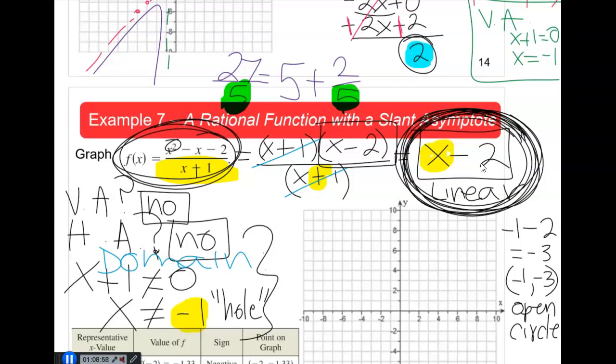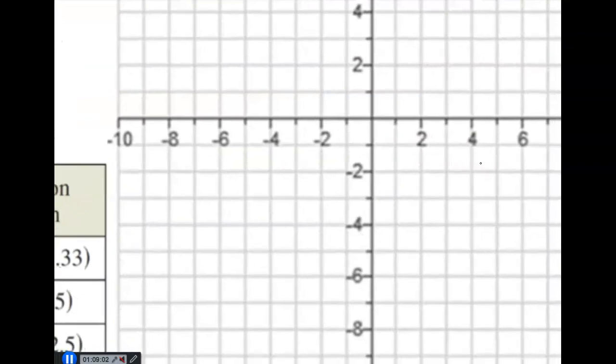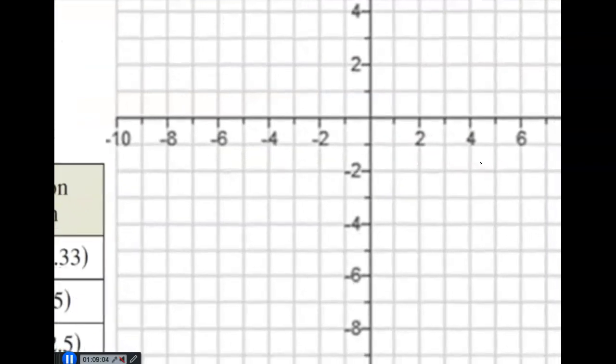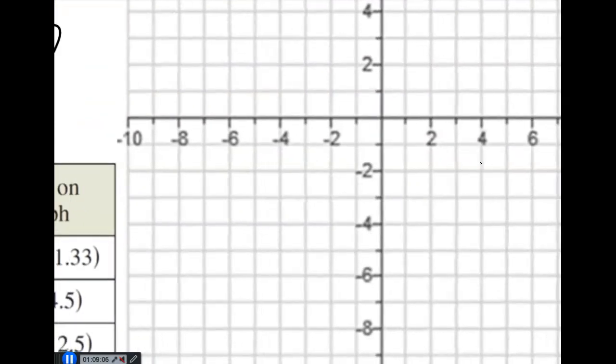So -1, -3, I'm going to zoom in. Okay, right there, open circle.